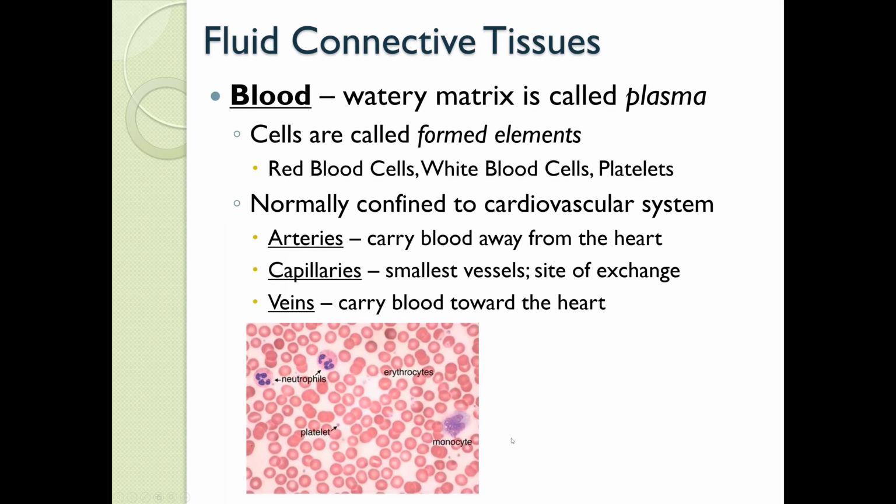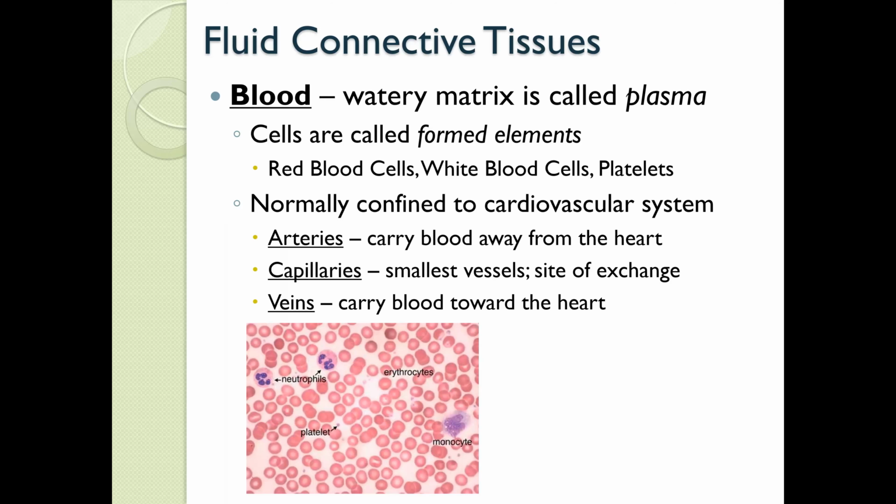So as far as the location of blood, it's normally confined to the cardiovascular system, so you will find it within the vessels that make up the system. And some terminology to go ahead and introduce you to, and you'll get more detail next semester. Arteries carry blood away from the heart, so away from the heart to the body tissues.